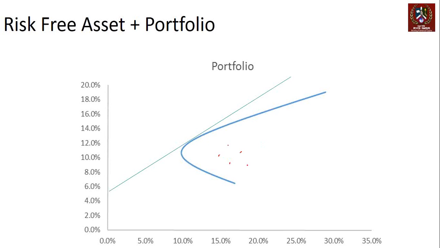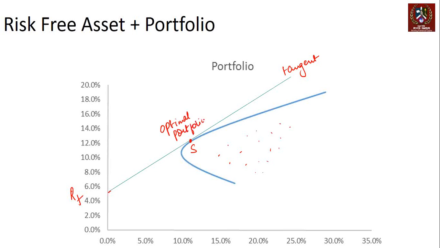Now that's a remarkable property of this entire discussion, that logically it does not make sense for anyone to own any kind of portfolio inside this efficient frontier. You should always be on the efficient frontier. Given that you can borrow in risk-free asset and lend in risk-free asset, if you draw a line starting from the risk-free asset that is tangent to the efficient frontier, the point of intersection is what is known as the optimal portfolio.